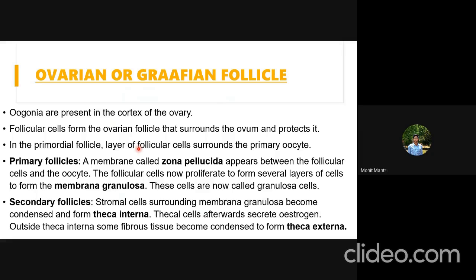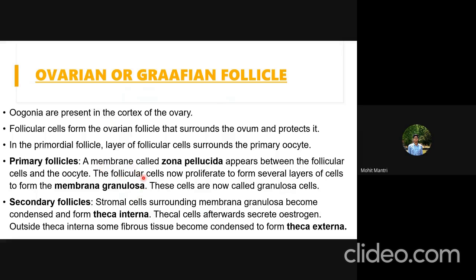Now, FSH alone is required for the accelerated growth of 6 to 12 primary follicles each month. So every month, because of the increasing level of FSH, accelerated growth of 6 to 12 primary follicles takes place. The primary follicle is formed when the membrane called zona pellucida appears between the follicular cells and the oocyte, and these follicular cells proliferate to form several layers of cells, forming the membrana granulosa.